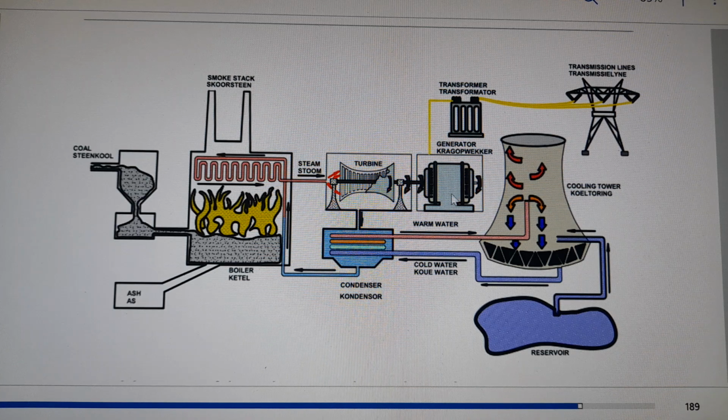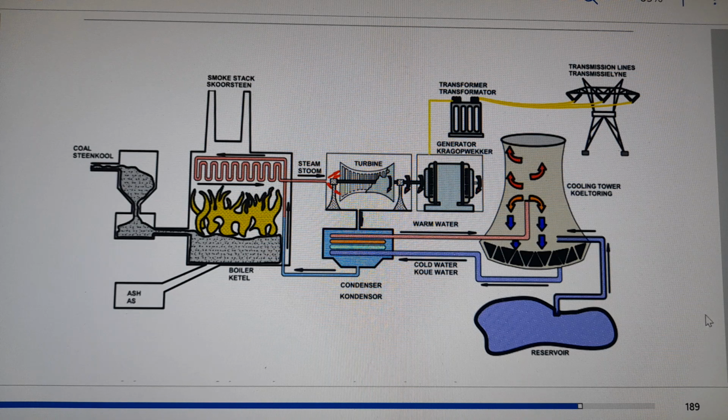The turbine turns the generator, and the generator generates electricity, and the electricity goes to the transformer, and after that the transmission line, then to our houses and towns and everything. So in the turbine there's mechanical energy, and in the generator mechanical energy is converted into electrical energy.